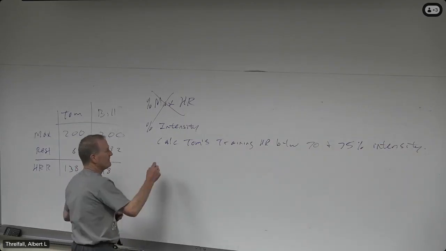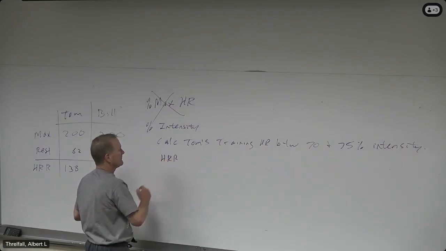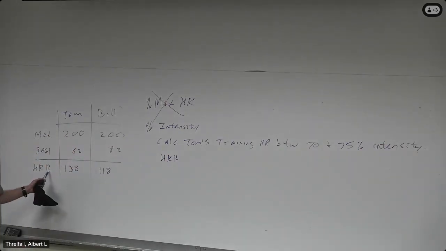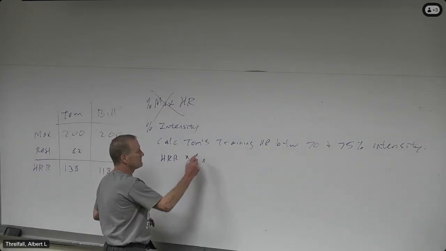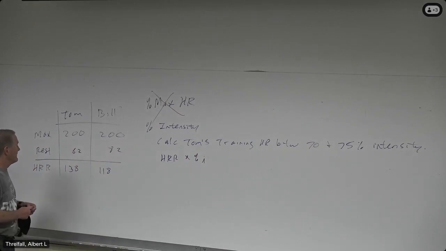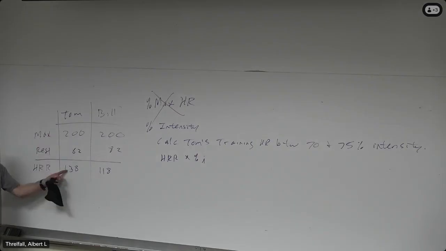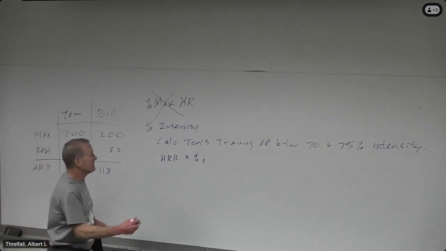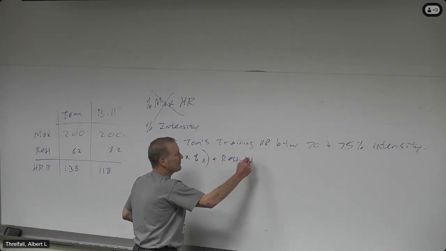So it goes like this: heart rate reserve times percent intensity. So look what we're doing. We're not taking the percent of the maximum heart rate. We're taking the percent of the heart rate reserve. Then we're adding the resting heart rate to it.